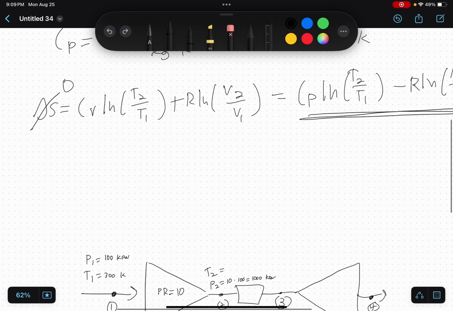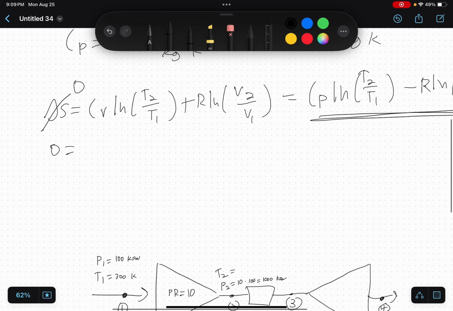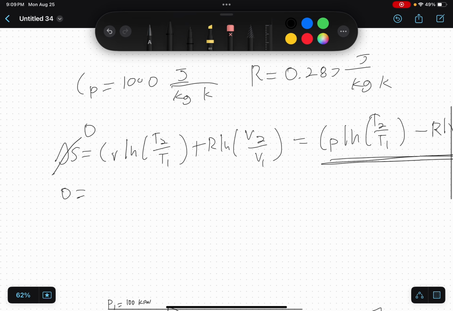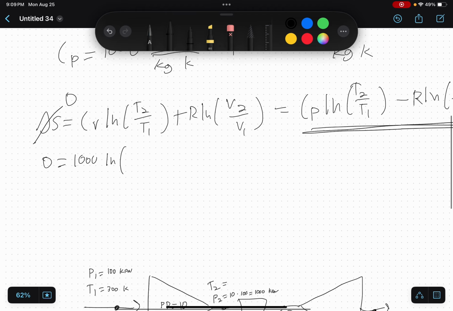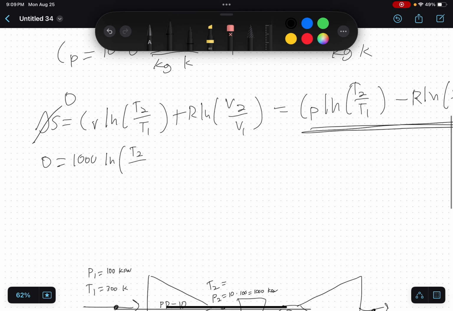So you would say 0 equals, and I'm just going to write in the numbers, which I googled beforehand. CP is 1,000 times ln of T2 over 300 Kelvin. Use absolute units. Don't use Celsius, and don't use Fahrenheit. Use Kelvin or Rankine.